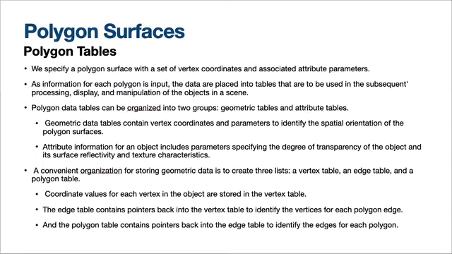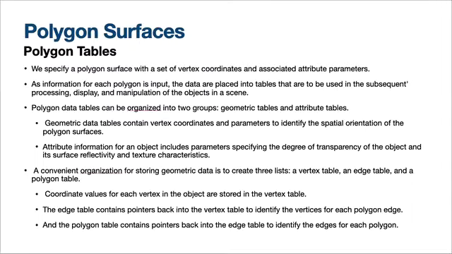Geometric data tables contain vertex coordinates and parameters to identify the spatial orientation of the polygon surfaces, and the attribute table contains the attribute information for an object, that is parameters specifying the degree of transparency of the object and its surface reflectivity, texture characteristics, etc. So the polygon data tables can be organized into two groups, geometric data tables and attribute tables.